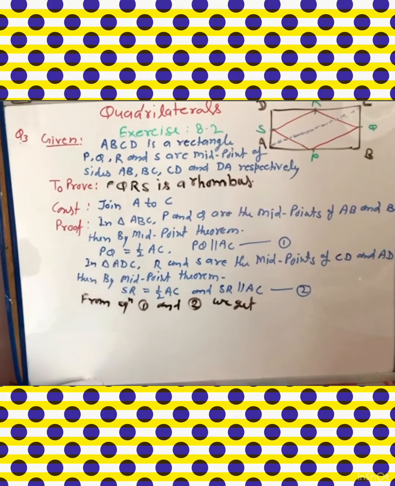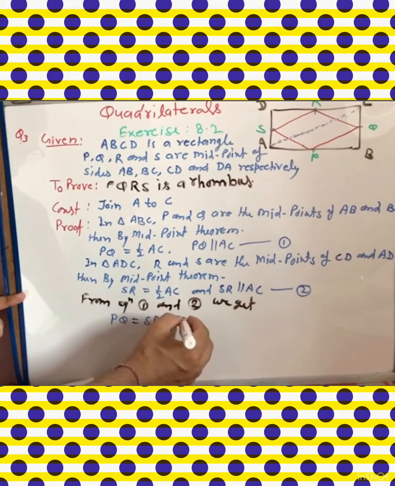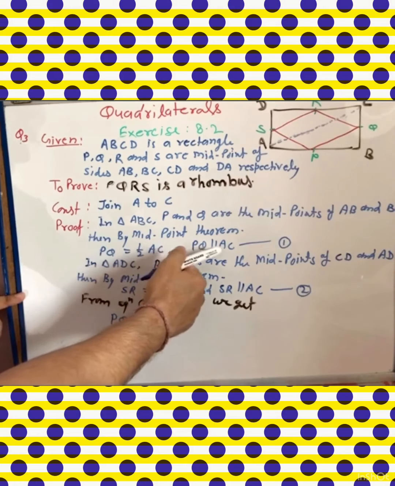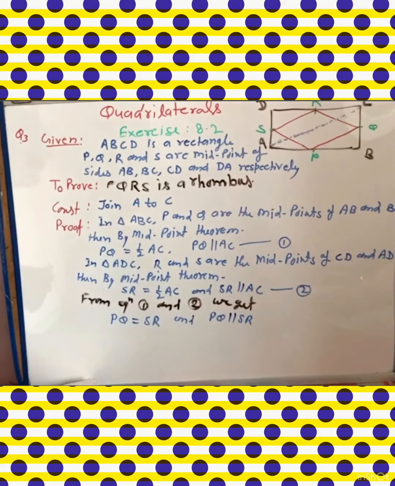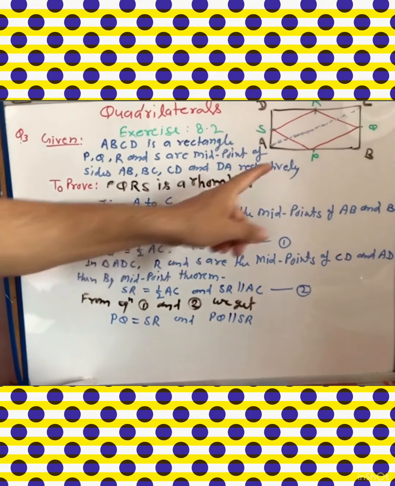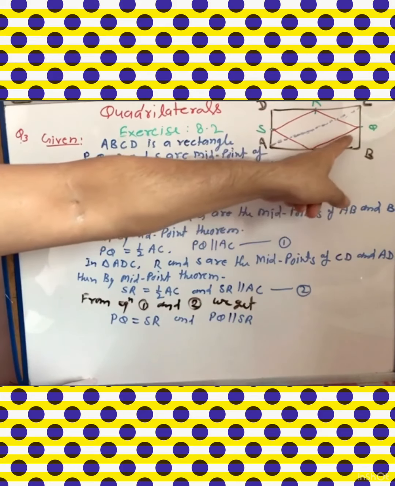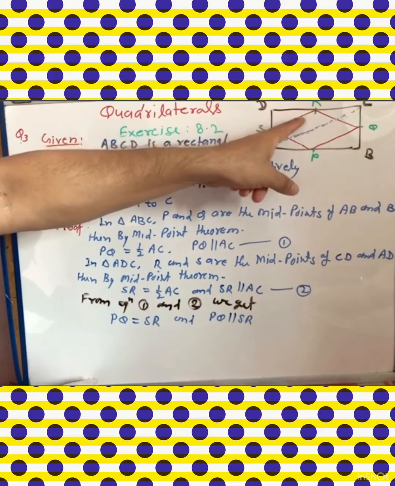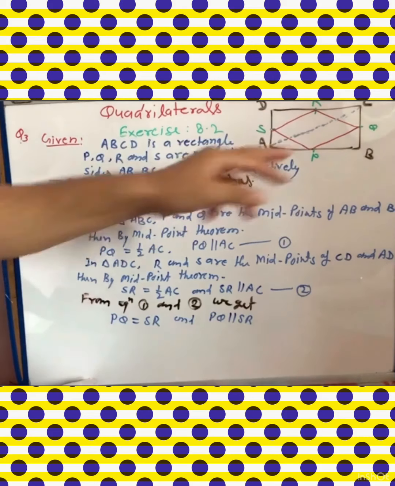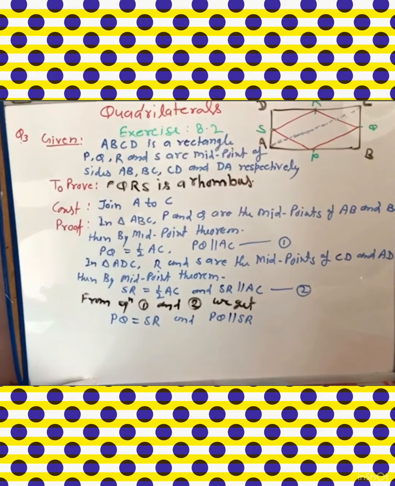So you can say that PQ equal to SR, and now for parallelity, PQ parallel to AC and SR parallel to AC means PQ parallel to SR. So once again you will find the conclusion here, in quadrilateral PQRS, PQ parallel to SR and PQ equal to SR. Since opposite sides are equal and parallel, so you can say that PQRS, once again it is a parallelogram.